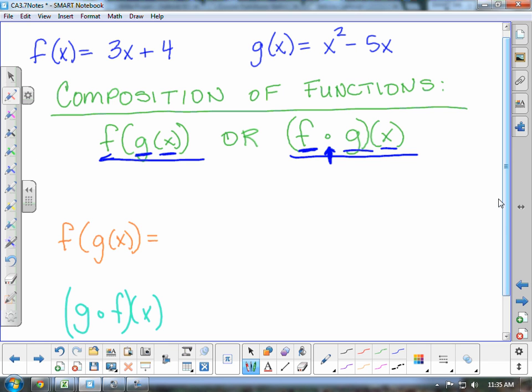What it means is you substitute the g function into the f function.